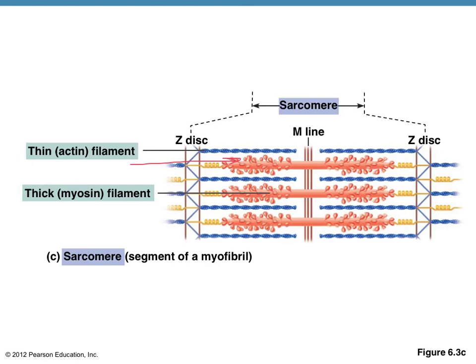So essentially, they're going to pull in this direction. As those Z discs move closer together, the sarcomere is shortening. And ultimately, the entire muscle organ is shortening.